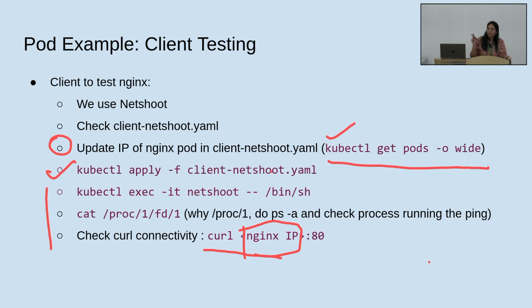So that ping with whatever IP you gave, that same IP you use here as the Nginx IP, and then :80 is the port that's open for the Nginx container, and you should get an HTML page back saying the Nginx pod is up.